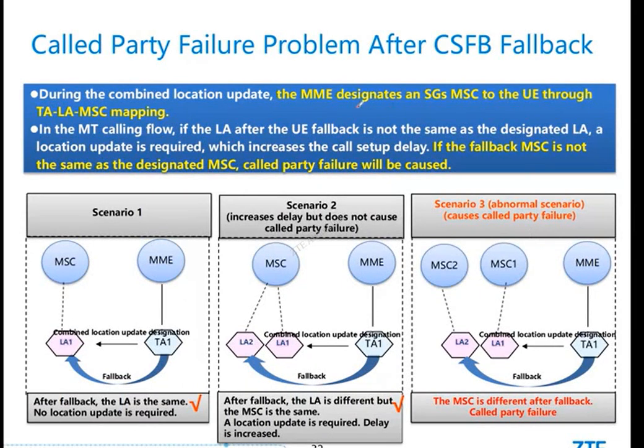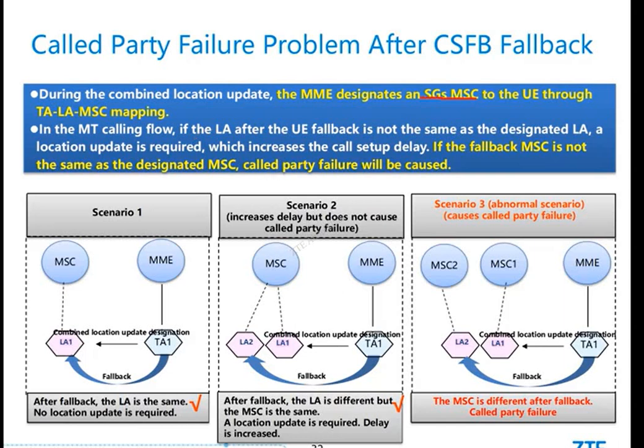So the MME will designate the SGs MSC to the UE through the TMSI and LA. But normally in the MT calling flow, and also we can see during the calling, the UE is moving, right? So after moving, the UE may be moved to a new location area, or it will move to a new location area with a different MSC.